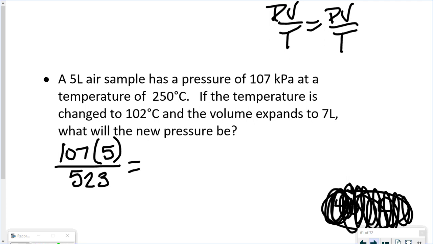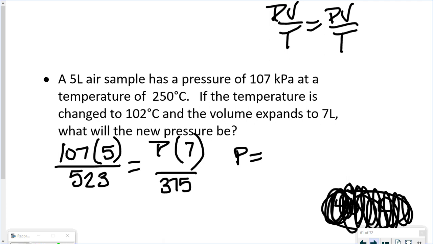Our new pressure is what we're looking for. The volume changes to 7 liters. And our new temperature is 102 degrees Celsius. So add 273. That's 375 Kelvin. Yet again, I would go ahead and cross multiply. So you're going to end up doing 107 times 5 times 375.